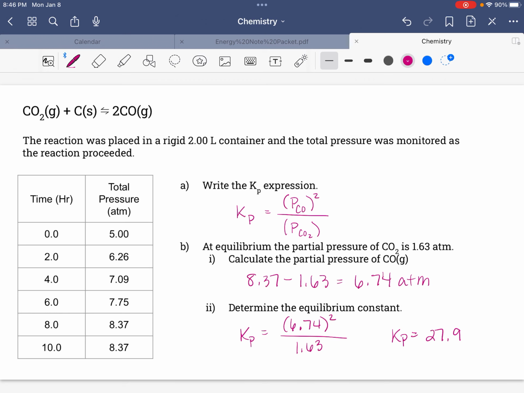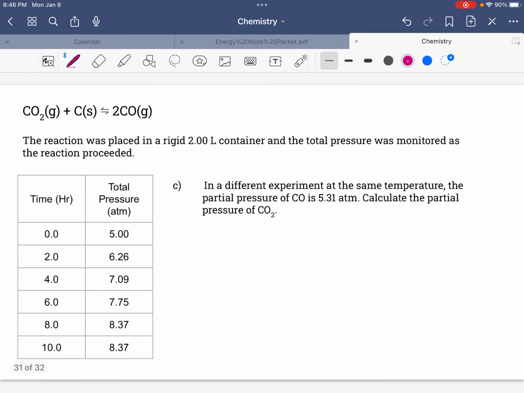We have one more part to this problem. For part C, in a different experiment at the same temperature, the partial pressure of CO is 5.31 atmosphere. Calculate the partial pressure of CO2. We're not going to be using this data because it was from the initial experiment.